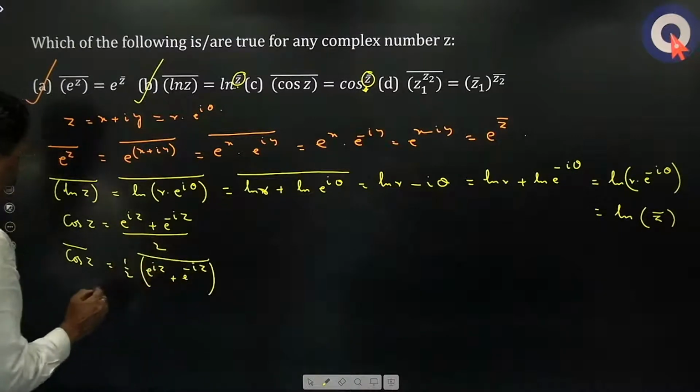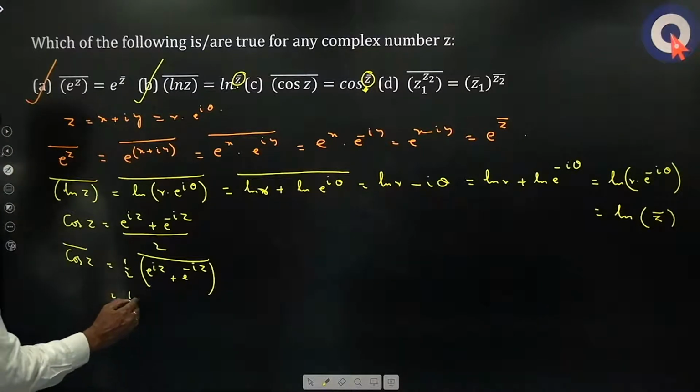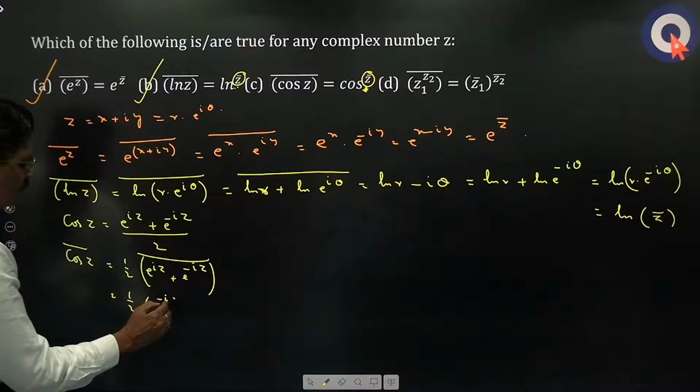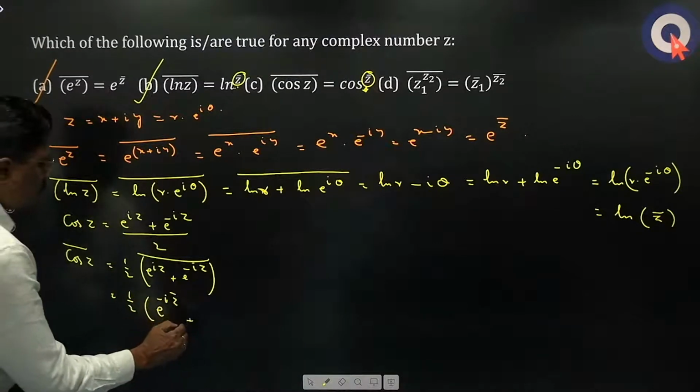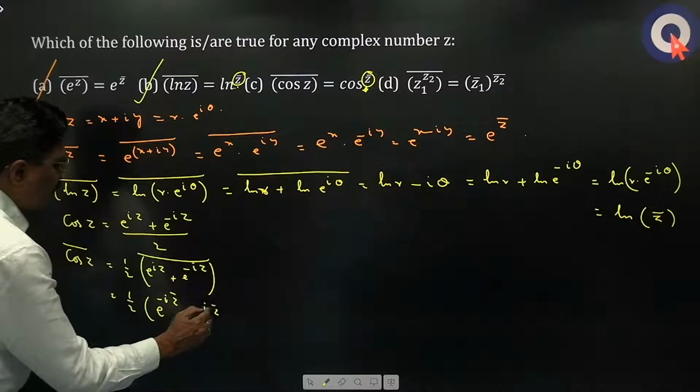If I take the conjugate, I get half e power, conjugate of i is minus i, conjugate of z is z bar, plus e to the power of, conjugate of minus i is i, conjugate of z is z bar.